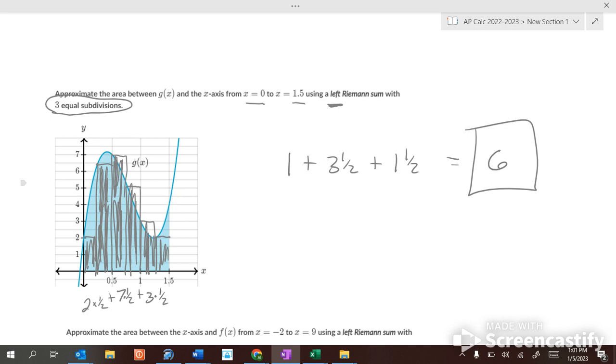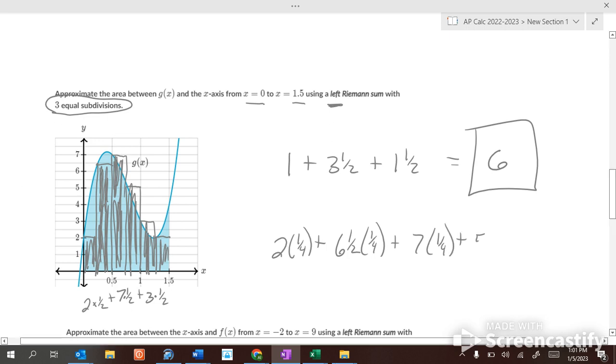So if we use more subdivisions, we'd have 2 times 1/4 plus the height of this one is 6.5 times 1/4 because the width of them is 1/4, plus 7 times 1/4 plus 5 times 1/4 plus 3 times 1/4 plus 2 times 1/4. 6 subdivisions.